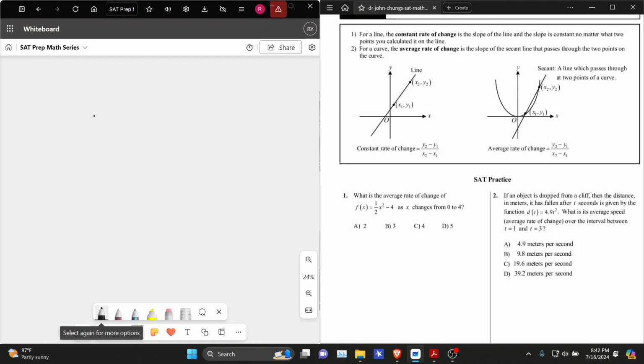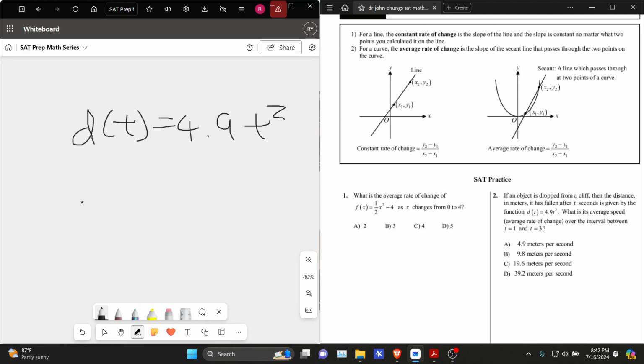So let's do that really quickly. d(t) is equal to 4.9 t squared, and when you plug 1 in, you should just get 4.9.